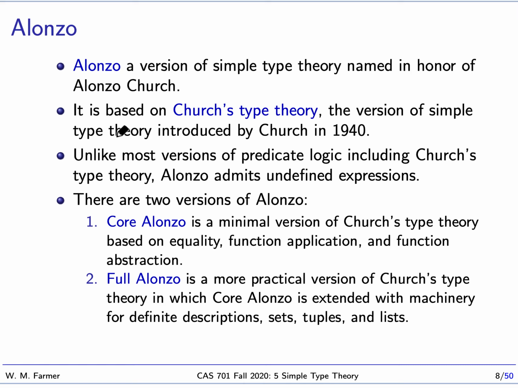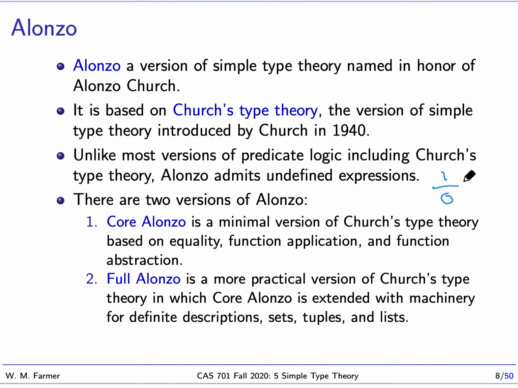So Alonzo is based on Church's type theory, but unlike most versions of predicate logic, including Church's type theory, it admits undefined expressions. What that means is, in Alonzo, you can write down this expression, and its meaning is undefined, which means it doesn't denote anything. It has no meaning.